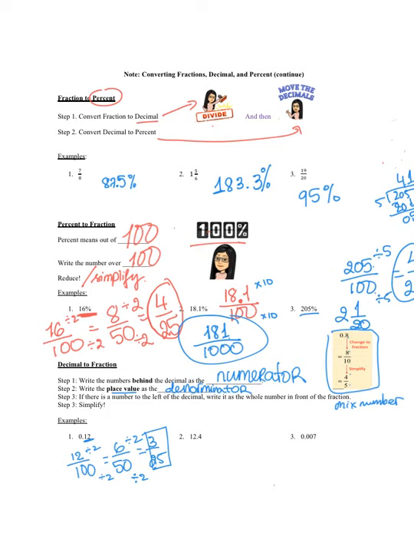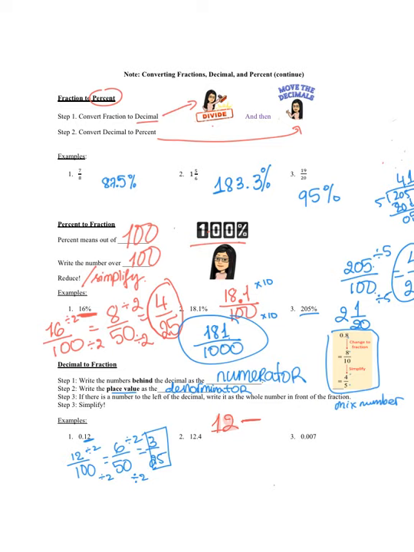Number 2. 12.4. Okay, this is a mixed number. So you will have 12 and a fraction. Look at step 3. If there's a number to the left of the decimal, 12 is on the left, right? It is the whole number in front of the fraction.